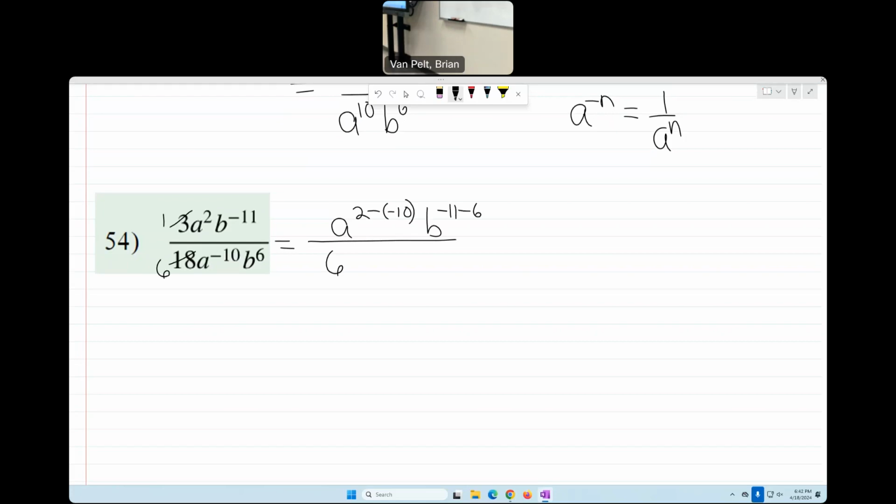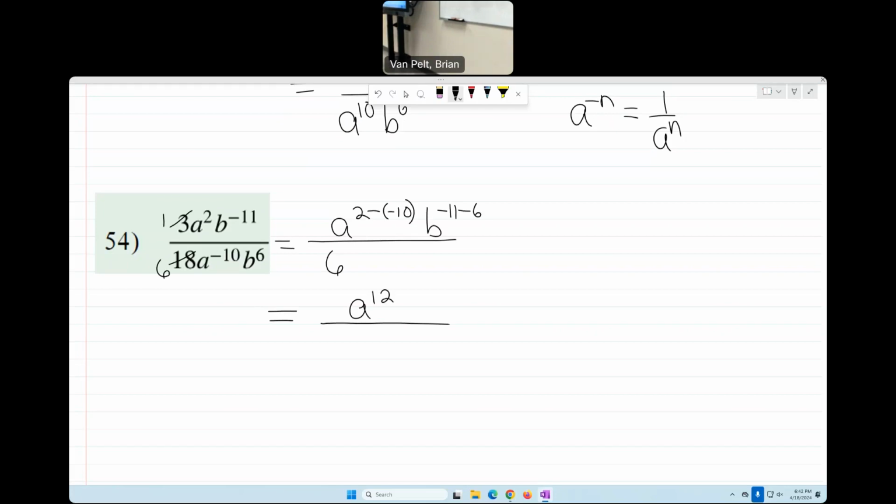What I'm trying to tell you is that using this one rule, you'll never get it wrong, because you know what to do when you have a negative exponent. Look at the A, look at the exponent on the A. What's 2 minus negative 10? Positive 12. That's 2 plus 10, isn't it?